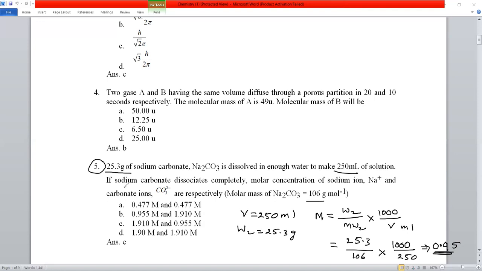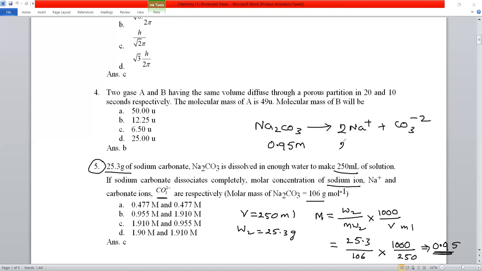Now, what is being asked here? The sodium carbonate dissociates completely. They are asking for the molar concentration of sodium ions as well as carbonate ions. The solution is Na2CO3 with concentration 0.95. This will dissociate into 2 Na plus and CO3 2 minus.